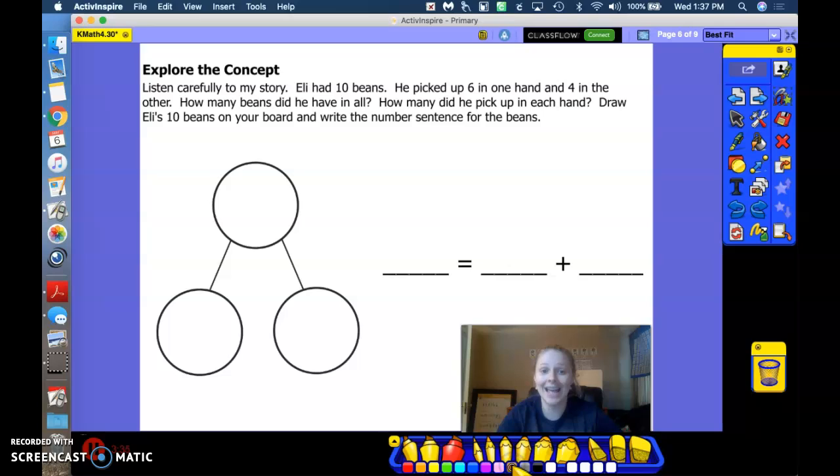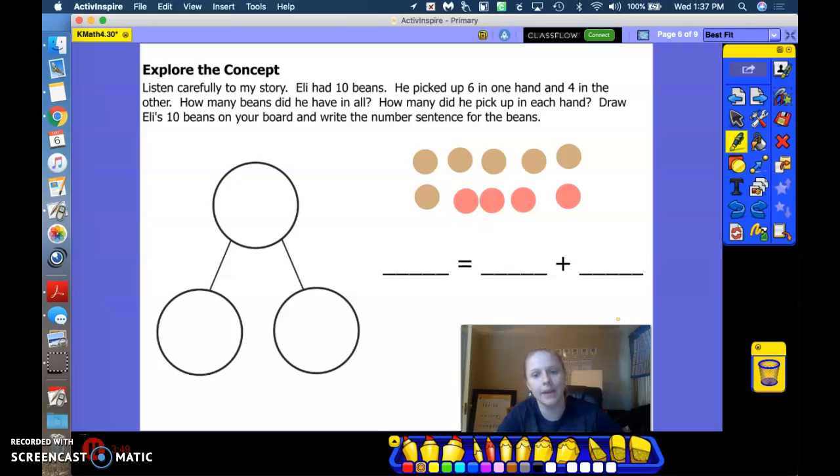Eli had 10 beans. He had 6 brown beans and 4 red beans. Can you help me fill in my number bond? How many beans did he have all together? 10.